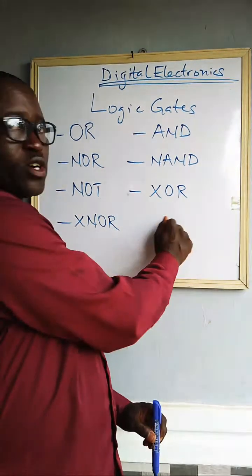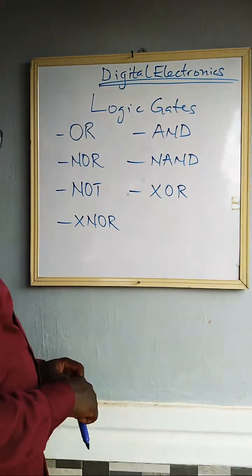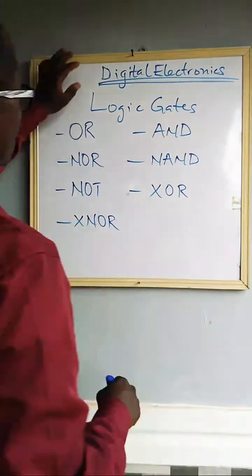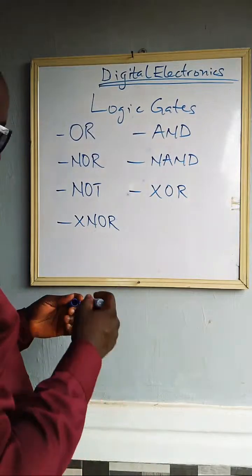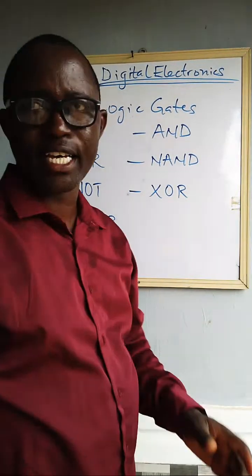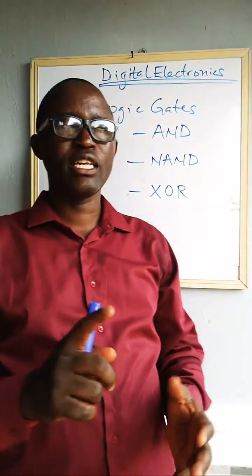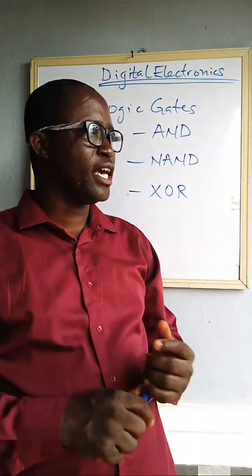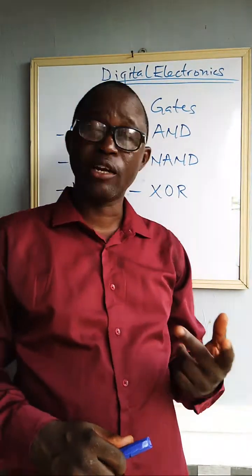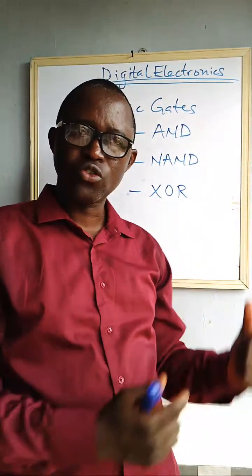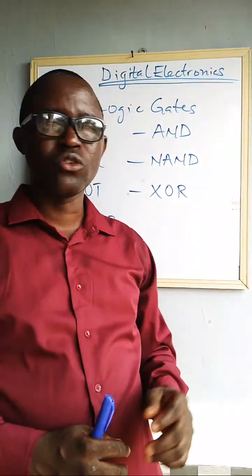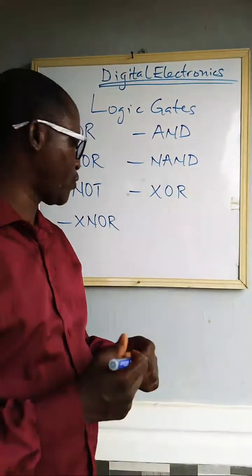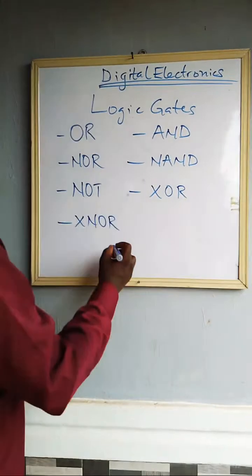So we want to look at the theory of these gates. Each one of them has a schematic symbol that we use in circuits, and we're going to learn about that. We're going to learn also how some of them can be represented using switches in circuits. Lastly, we're going to learn about the truth table for each of the gates.